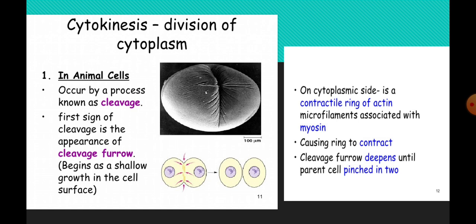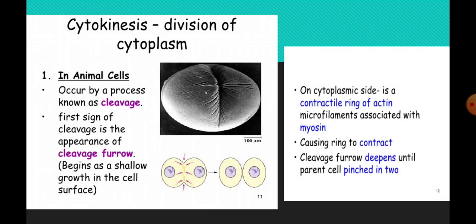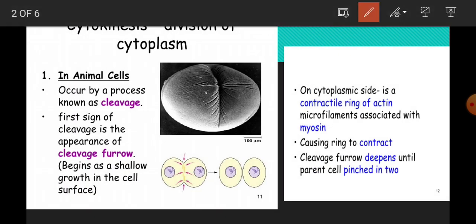So the first sign of cleavage is the appearance of the cleavage furrow. What is the furrow? You can see here, this is called the furrow, and it begins as a shallow groove in the cell surface.